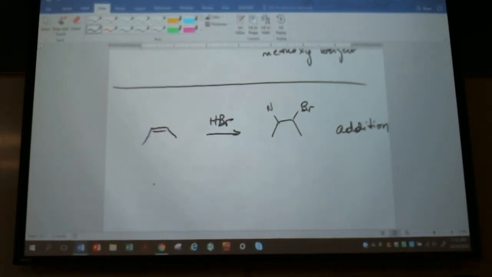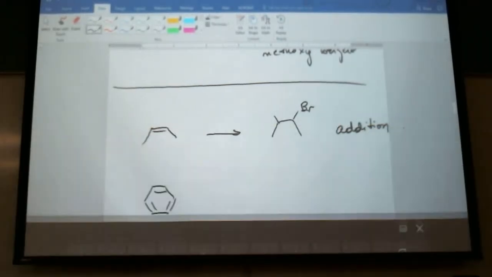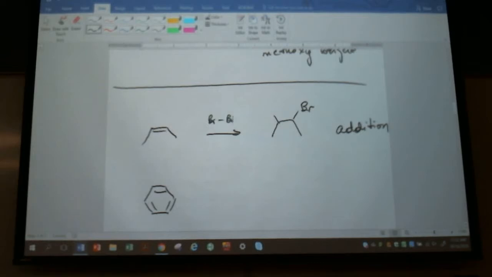Okay, now if I have a benzene ring, so here let me put these on a more specific example. So let's put in here Br2. I would have an addition reaction. If I put a benzene ring and Br2, there is no addition reaction. None, it just sits there at the end. Because these electrons are tied in the aromatic ring and they don't want to disrupt the aromaticity.